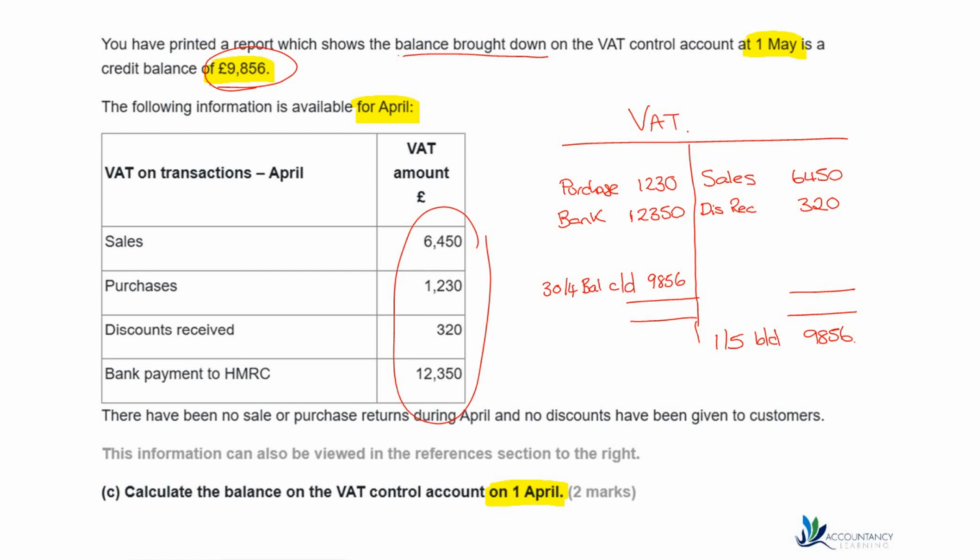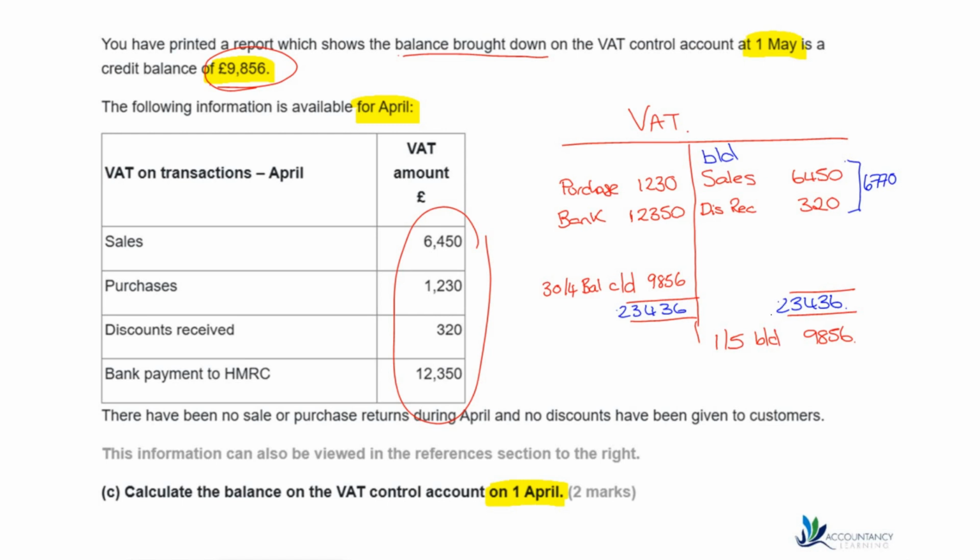So on the credit side, we've only got a total of 6,770 here. And on the debit side, we've got 23,436. So we're going to have our brought down on the credit side, and we're going to use that as our balancing figure.